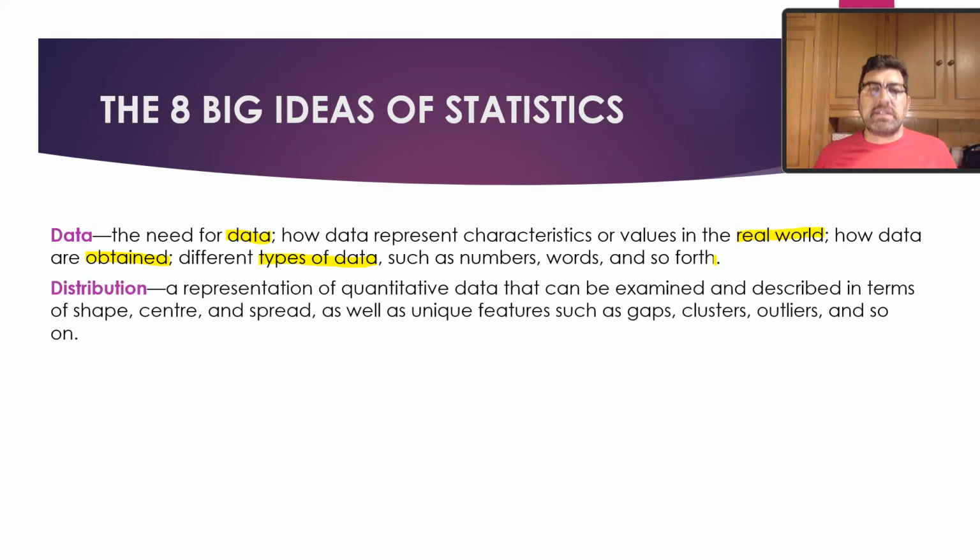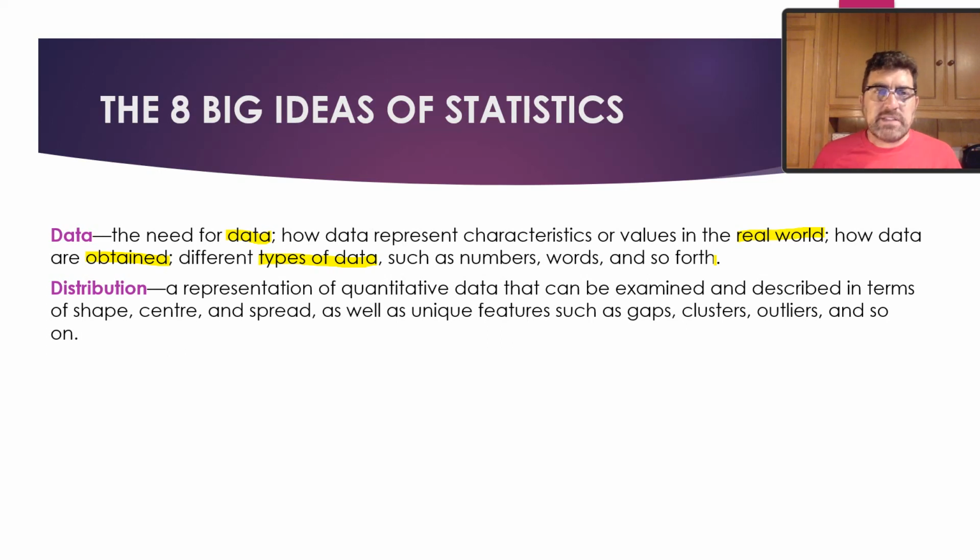The second big idea in statistics is distributions. How is this data distributed? Is it distributed in a huge cloud? Is it distributed with peaks? Are those peaks the same? Is it distributed with a peak on the left and a plateau on the right? What does the distribution say to me about the data that I'm looking at?